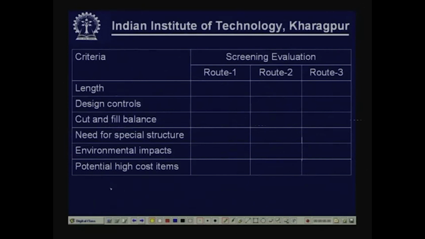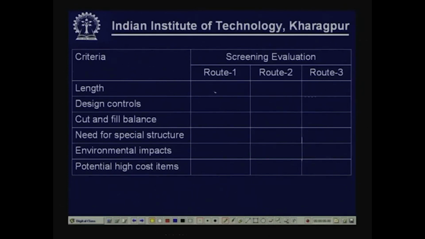So, you put all the criteria and then you list route 1, route 2, route 3. In this case maybe we explore 3 routes. If you explore more routes, maybe route 4, route 5, then based on all these criteria you write the items.